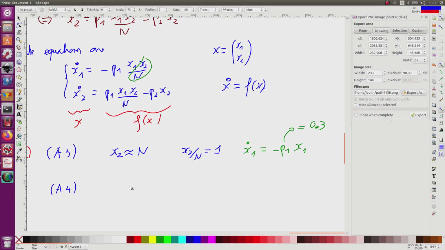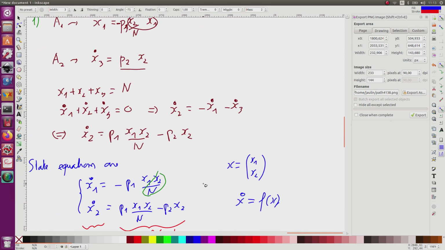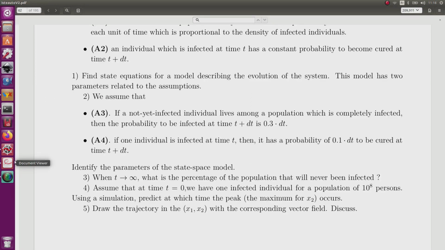So it means that since x3, so I take this relation here, x dot 3 equal p2 x2. From this assumption, I deduce that p2 is equal to 0.1.